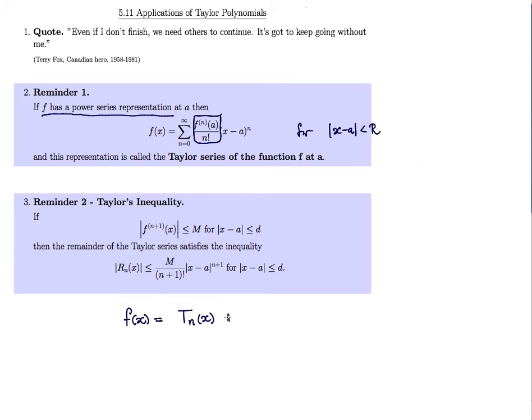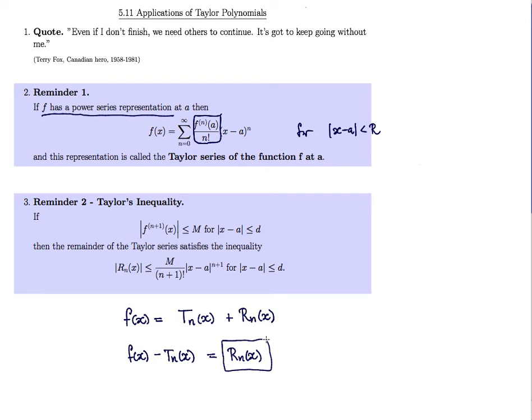There's going to be some remainder that we have as well. So the question really is, how good of an approximation is our polynomial to our actual function? Now, how big is this difference? How big are the function values compared to the polynomial values? Well, that's just the remainder. And so our focus is really on how big could the remainder be.